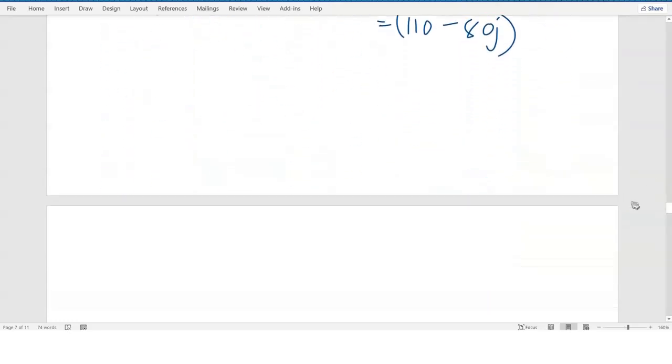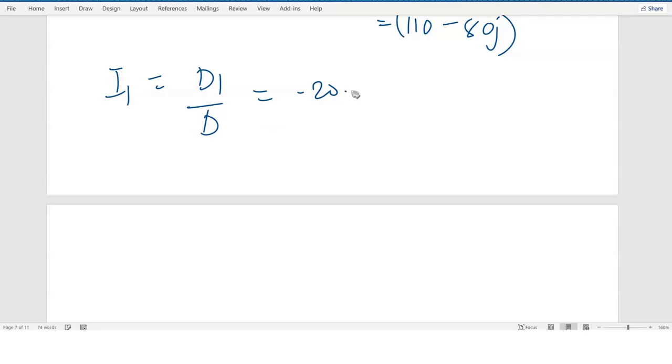So I1 will be D1 divided by D. So I1 equals negative 20 plus 40j divided by D, which is 55.